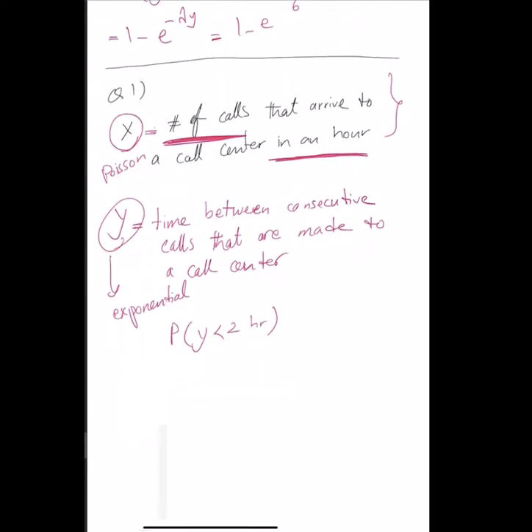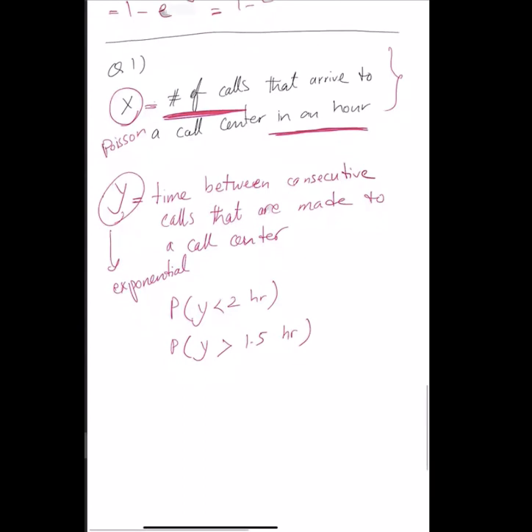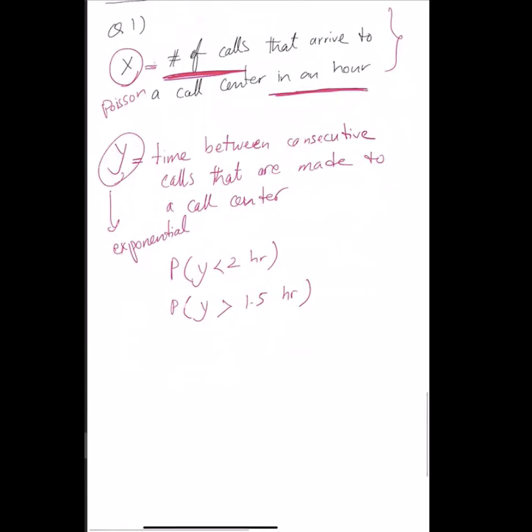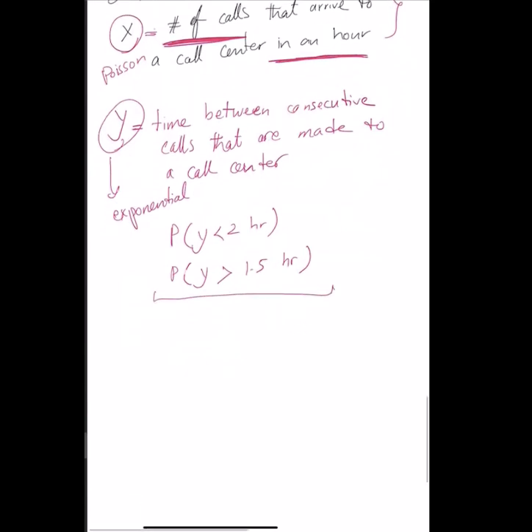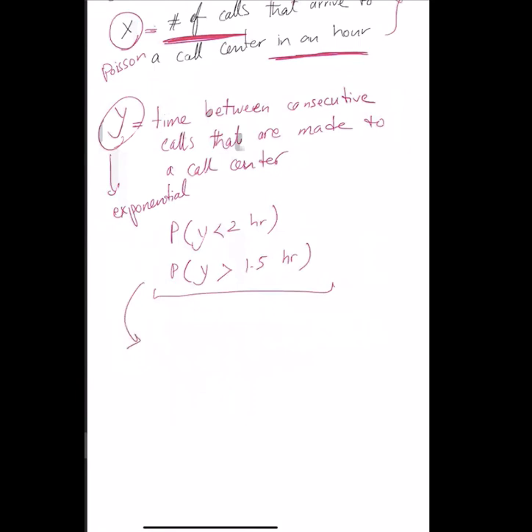Or I can give you questions like, what is the probability that the time till the next call arrives is greater than 1 hour and a half? If I ask you questions like this, then you need to find lambda, and lambda is going to be the average number of calls in which unit of time?